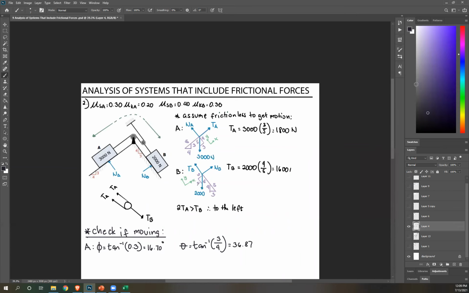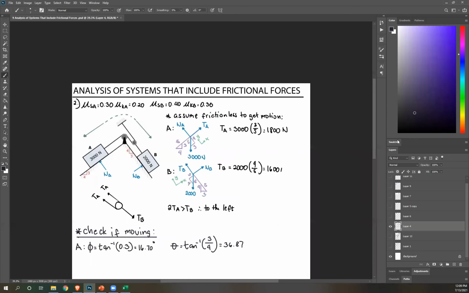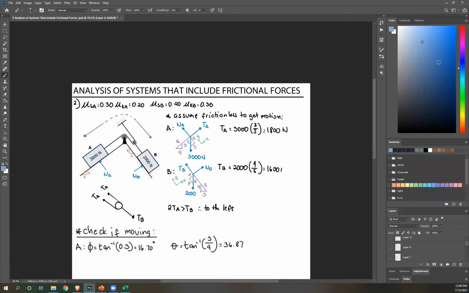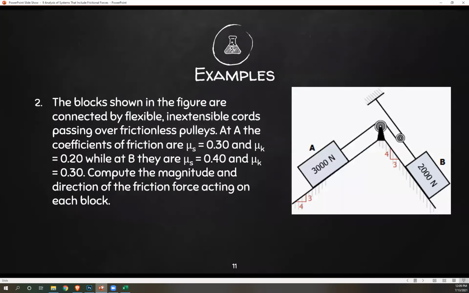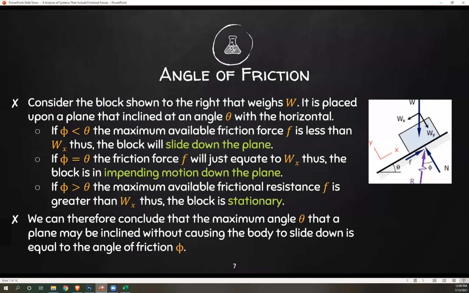And then from this, you'll see that theta is greater than phi. From our lecture, when theta is greater than phi, it's moving.